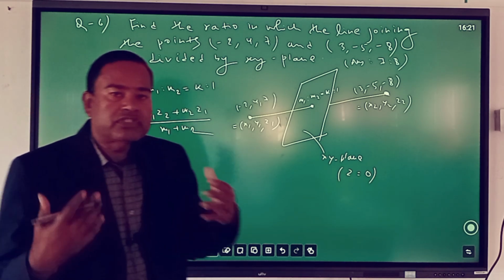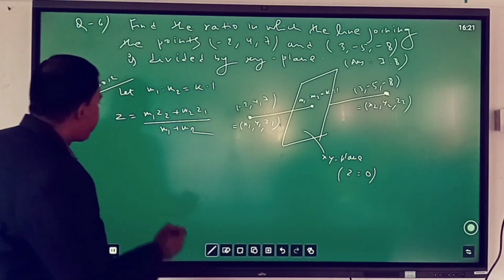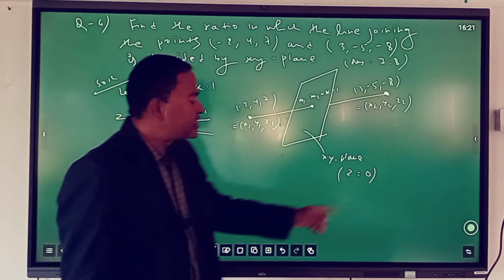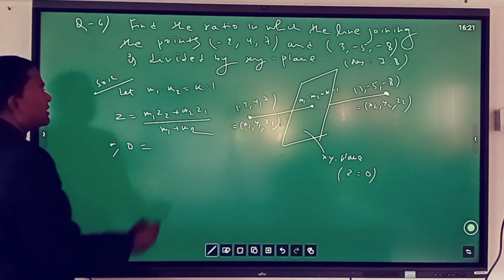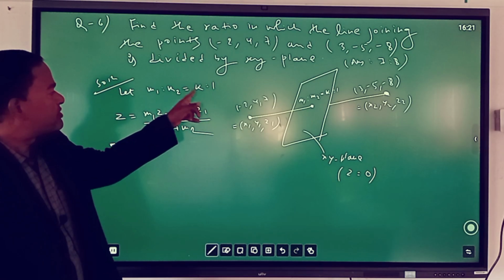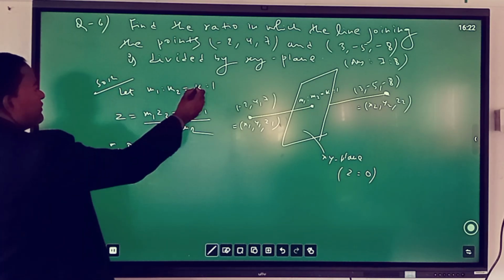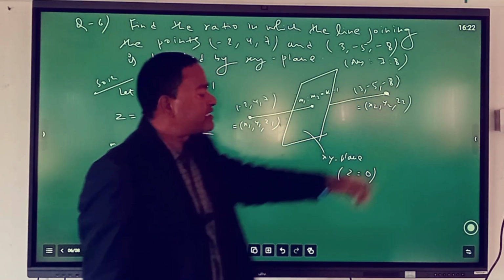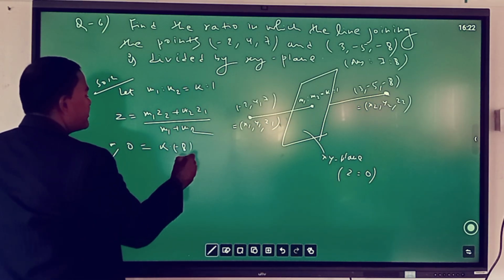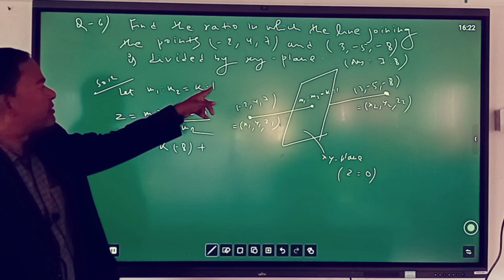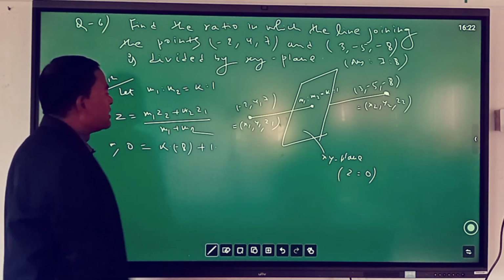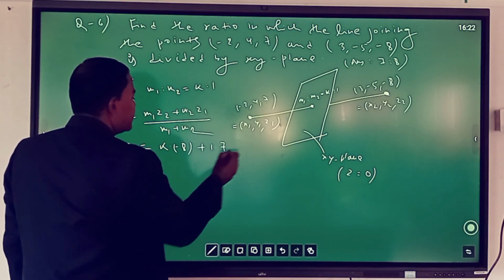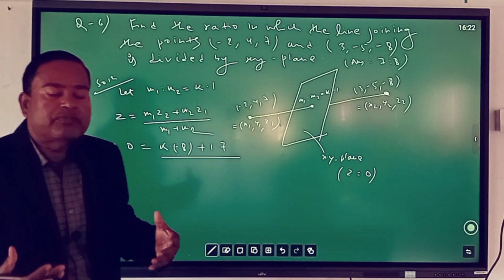So let's substitute the corresponding values. We know that in the xy plane the value of z is 0, and m1 is to m2 we have supposed k is to 1. So let's put the value of m1, k times z2, z2 is -8, plus the value of m2, we have supposed 1, and z1, the value of z1 is 7, which is given to us, divided by m1 plus m2.